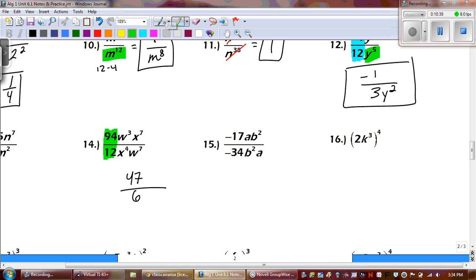Alphabetical order first, so I'm going with the x's. So I have 4 on the bottom and I have 7 on the top. Who wins? Well, the top wins. So I have more x's on the top, and the top wins by 3. So now we're looking at the w's, and for the w's, the bottom wins, and the bottom wins by 4. So we get 47x cubed, all divided by 6w to the 4th.